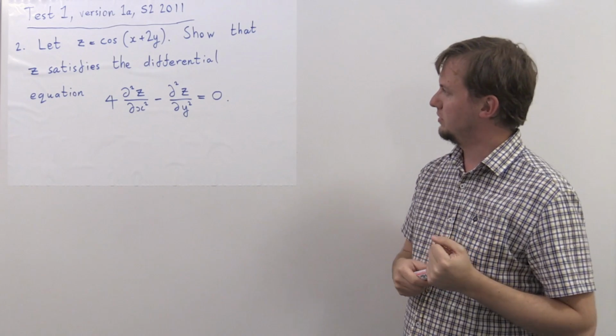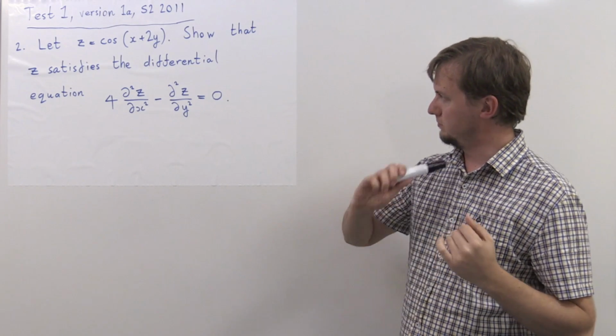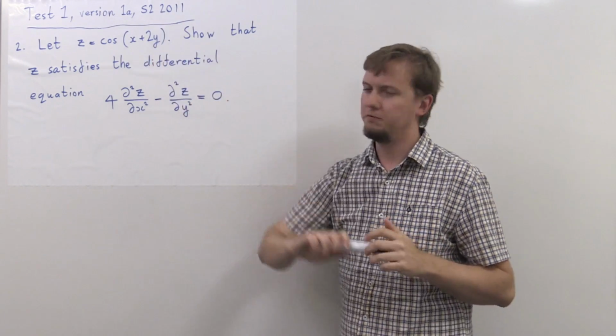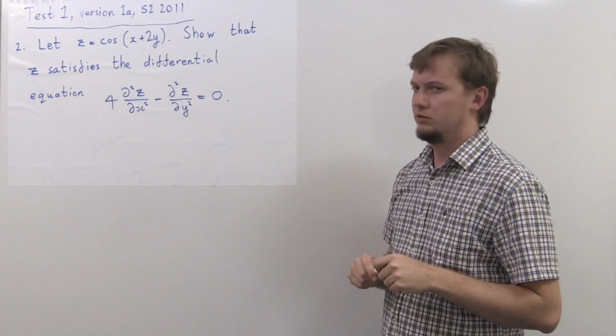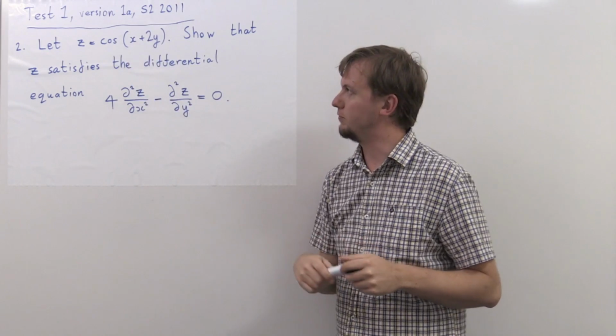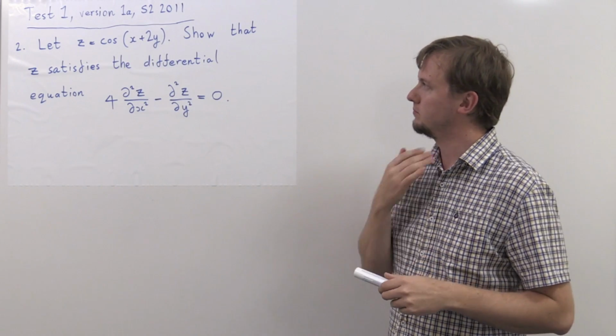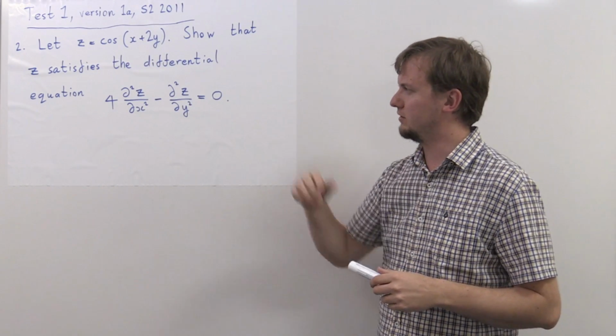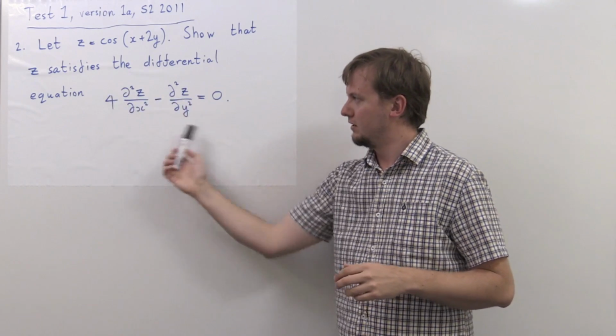Alright, so the next question I'm going to do is, well, we're given a very particular function here. z is this particular function, cos of x plus 2y. And we just want to show that this function satisfies this equation here.